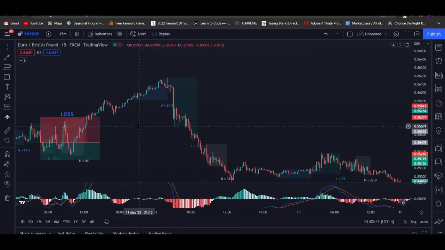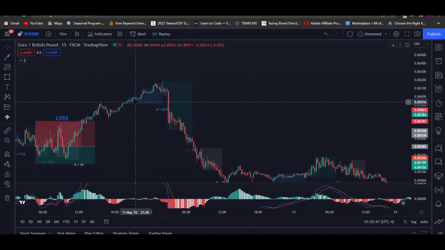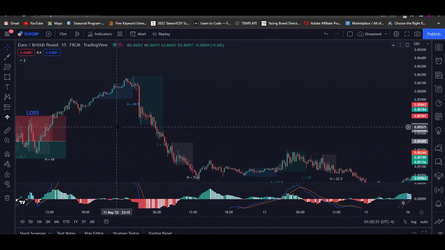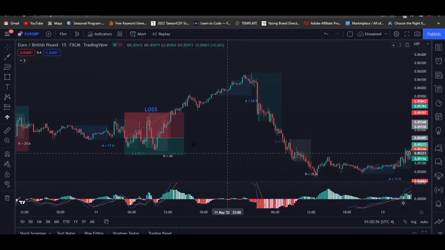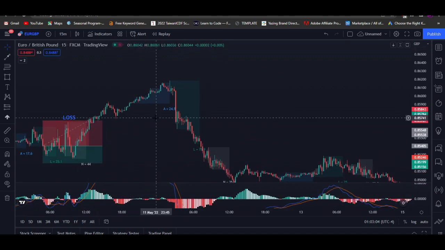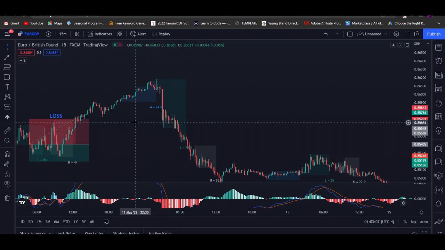Okay, moving on. Coming on to May 12th. If you look close, you can see that on May 11th, price went up. As you can see, price opened right around here and closed up here. So we're looking for a buy setup for May 12th.